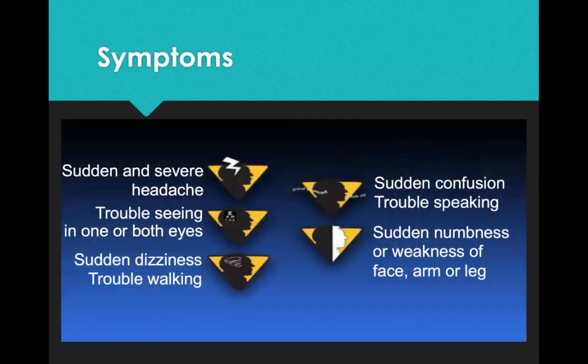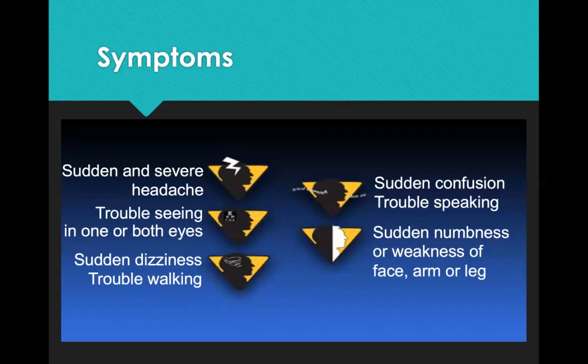As far as symptoms go, what happens when we exhibit a stroke? A lot of you might already recognize a lot of these signs and symptoms. It can be shown that they're having a stroke by having a sudden and severe headache. It would be their worst headache that they've ever had in their entire lives, and just extreme sudden pain.